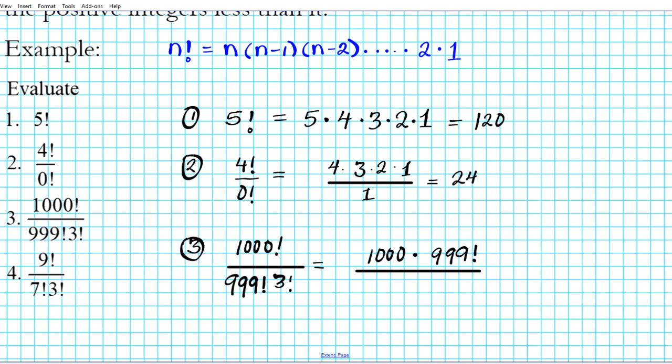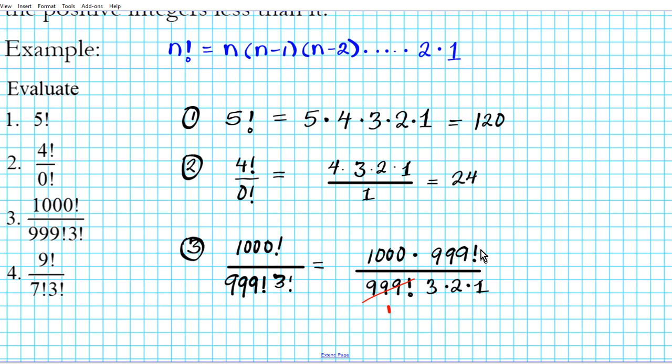Why are we stopping there? Well, because we have a match between this and the bigger problem in the denominator, which is 999 factorial. So keep the bigger problem for cancellation, and then you decompose the smaller one, 3 times 2 times 1. Now how do we proceed? If you notice, you have 999 factorial and 999 factorial here.